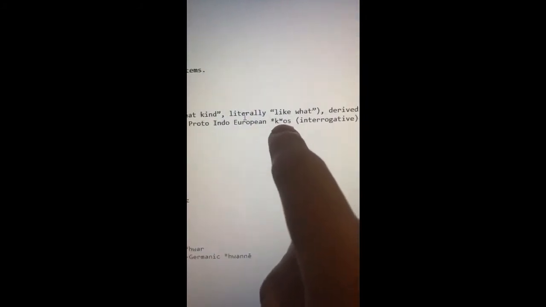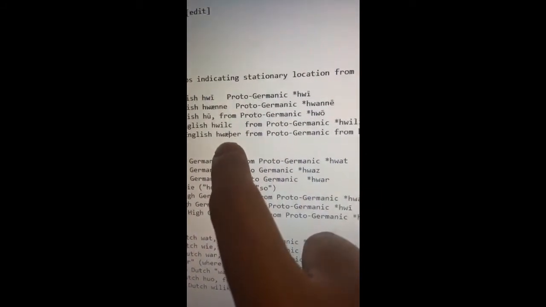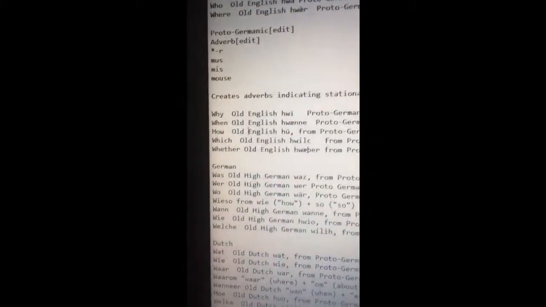And then what happens is that people invent these words because it makes sense to them at the time, and then people forget where these words come from and they just use them in a certain way. So kwos plus teros gives us hwatharos, which eventually becomes whether, then weather. So that's all the English forms.